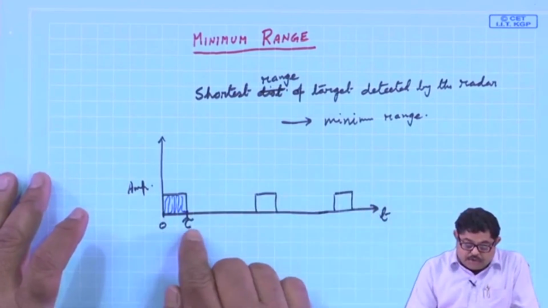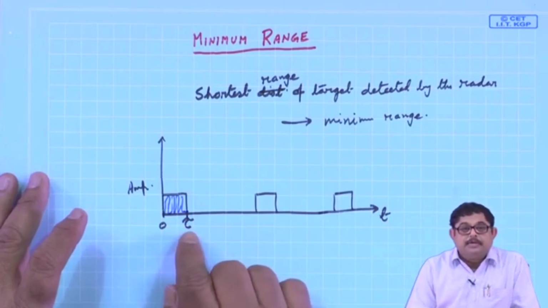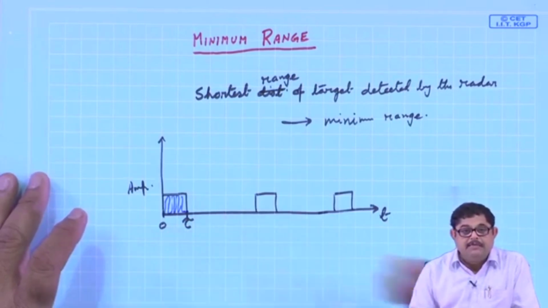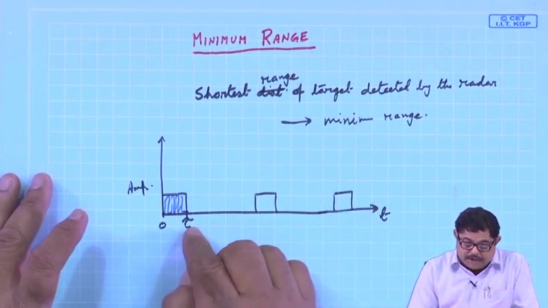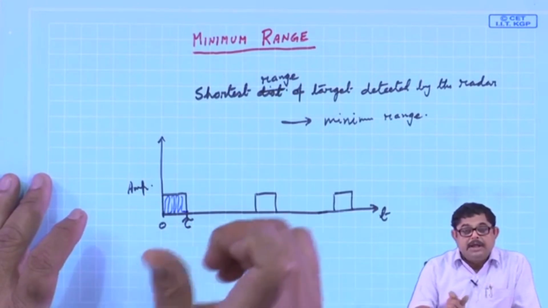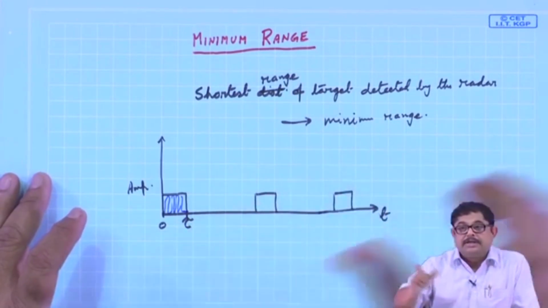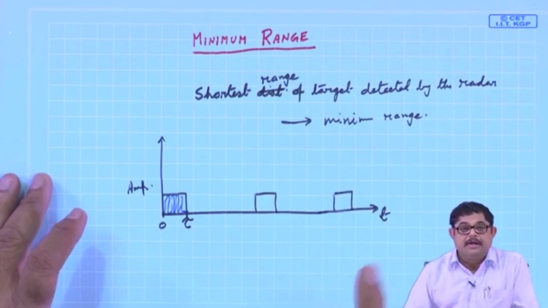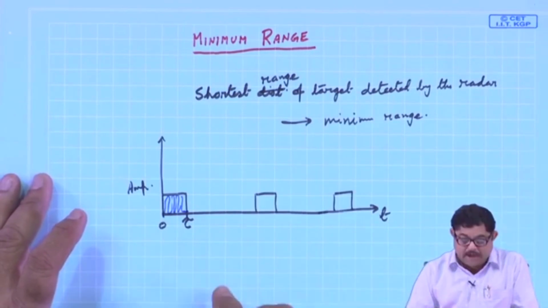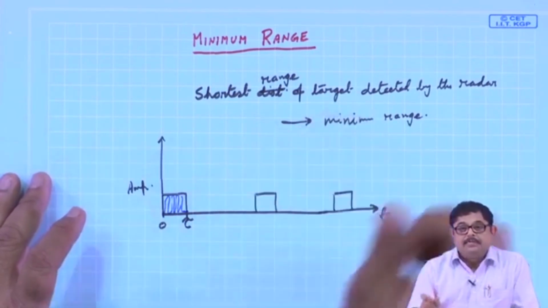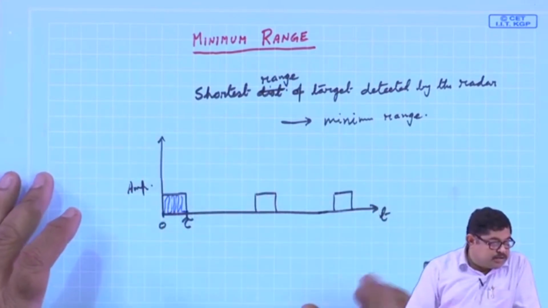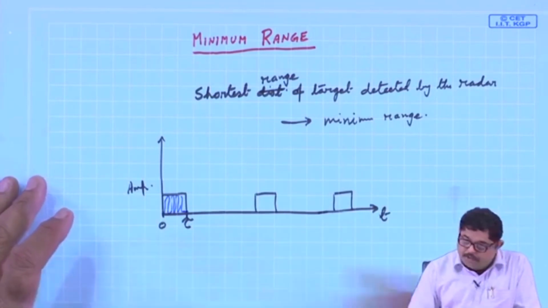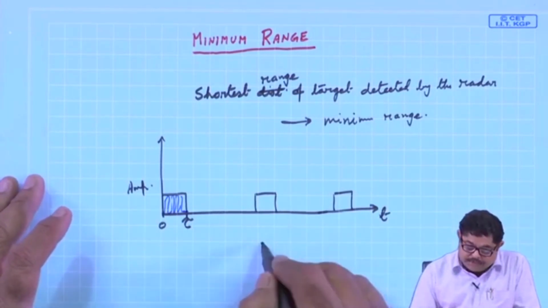So, during this time period from 0 to tau, if any return comes, it does not get detected by the radar. If any object is at such a distance that the two-way travel time of the wave, going and coming back, is equal to tau, then it won't be detected. You can easily find this out, because we have seen what R is.